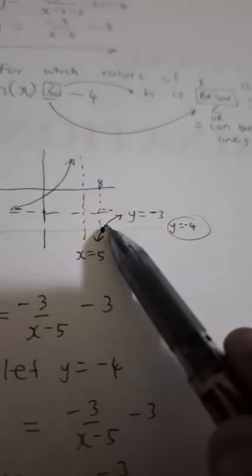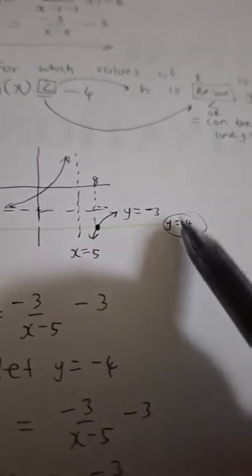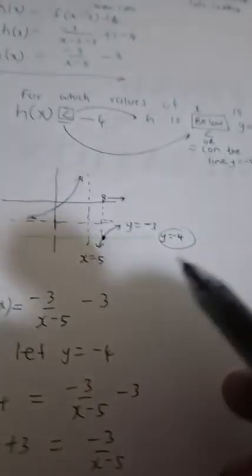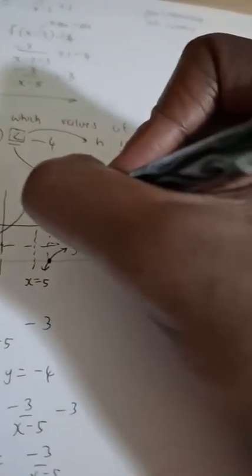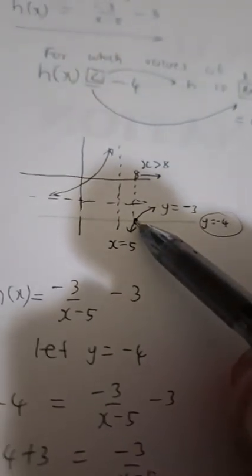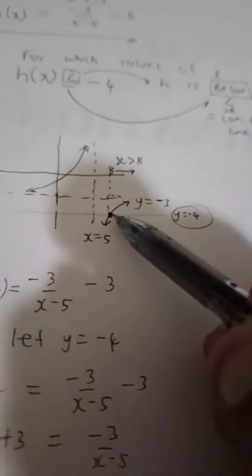Is it below the line y is equal to -4? So where x is greater than 8, as we move in this direction, where is the function? Is this function below this line y is equal to -4? Do you see that?